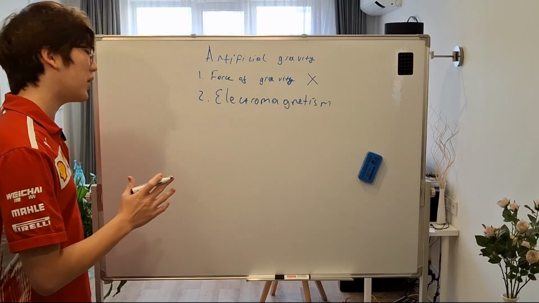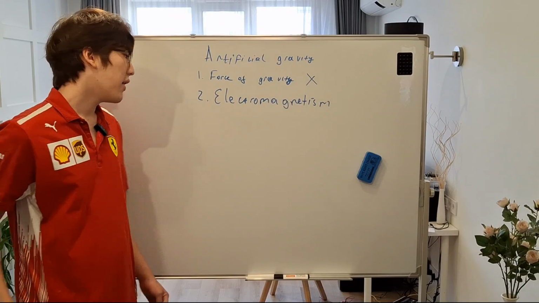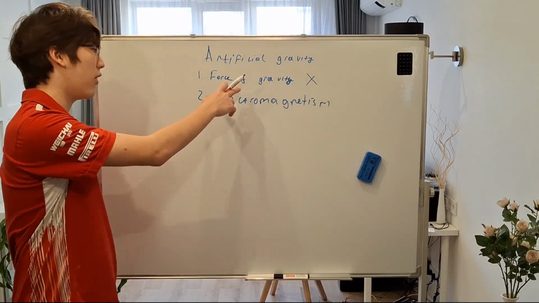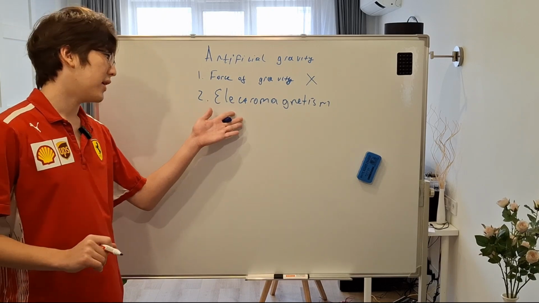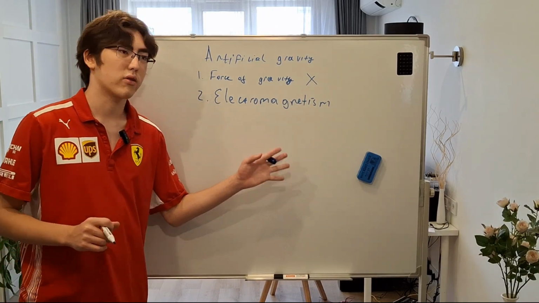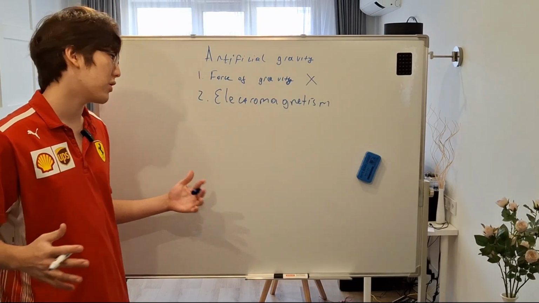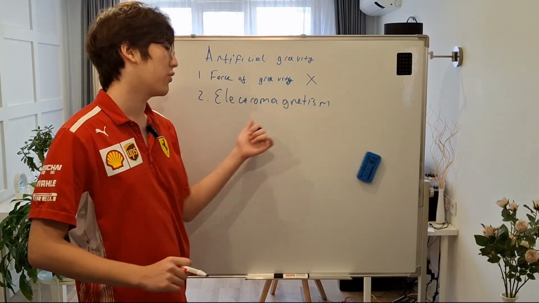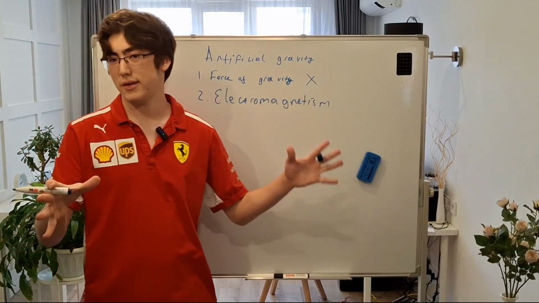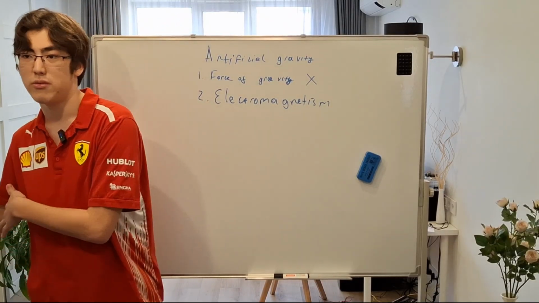So, the second way to create gravity on our station is electromagnetism. This is much more likely than the force of gravity because it requires much less mass, no mass at all, because it requires electrical charge. But in order for this to happen, we need to have everything on our station charged at some rate.